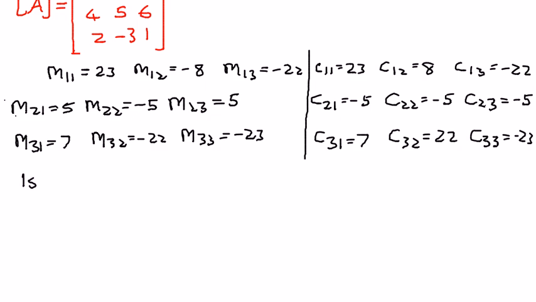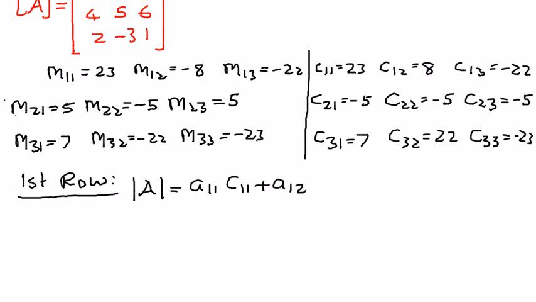Taking the first row, we found the determinant of A can be written out as A11 C11 plus A12 C12 plus A13 C13. And since we know the values of C11, C12 and C13, which are 23, 8 and -22, we'll pick those values here and see what we get.